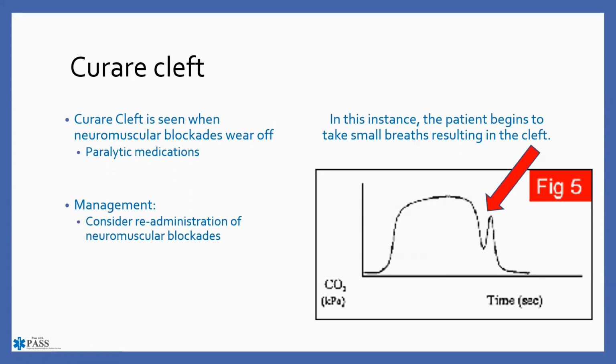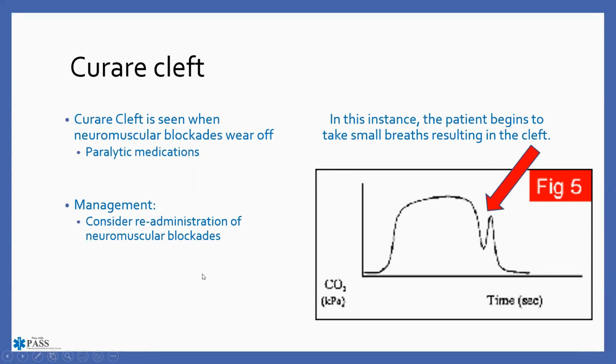If they have any type of neuromuscular blocking agent on board and it starts to wear off, this is basically where the patient will start to kind of buck the tube. And that is called a curare cleft. What ends up happening there is the patient's actually starting to take small breaths on their own. So here's the exhalation, and then the patient takes a breath, and it kind of resets that cycle. That's why it looks the way that it does.